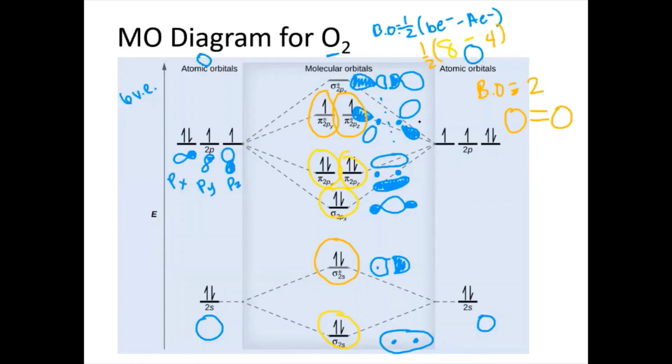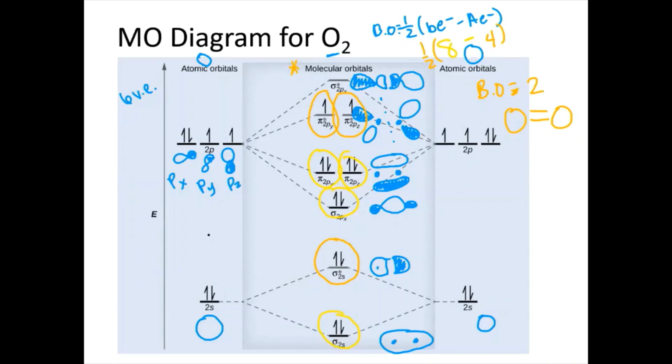So on your homework, it will ask you for the electron configuration for the molecular orbitals, okay? And so what they do is they start at the bottom and they write down the electron configuration, or where the electrons are at.